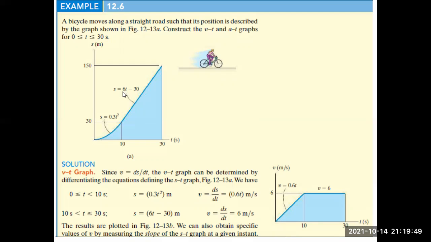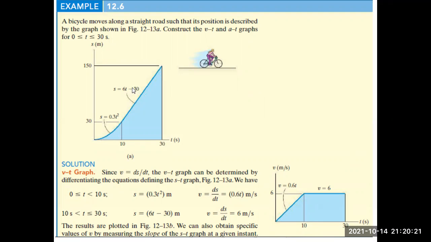V is equal to what? V equals 6. How did you get the 6? Differentiating gives 6, and the constant disappears. So is it within this domain, 10 to 30?